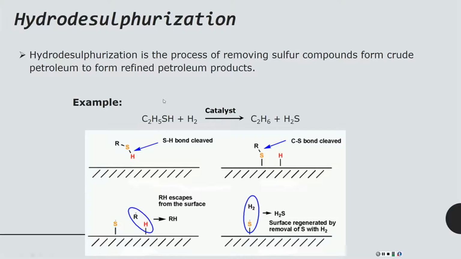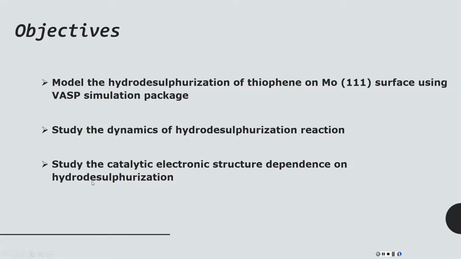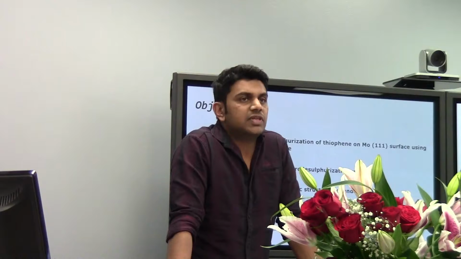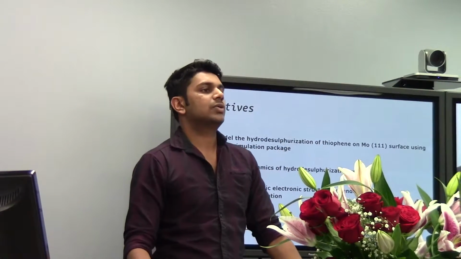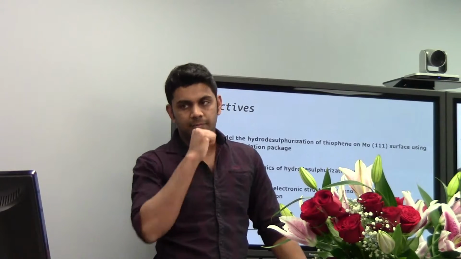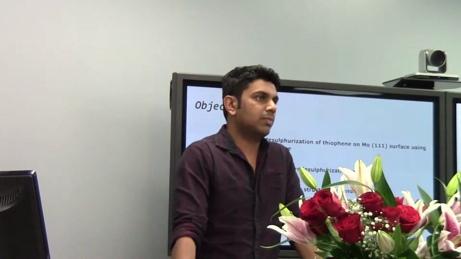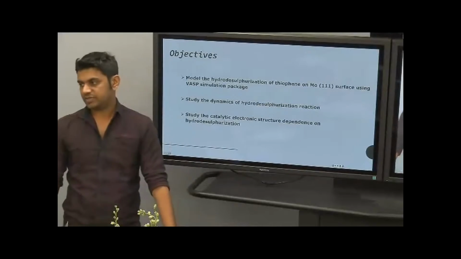Here you can see a simplified catalytic hydrodesulfurization reaction mechanism in this diagram. There have been several theoretical and experimental studies conducted on this hydrodesulfurization process, and in most of these, molybdenum surfaces or molybdenum nanoclusters have been used as the catalyst, and thiophene is used as the probe molecule.